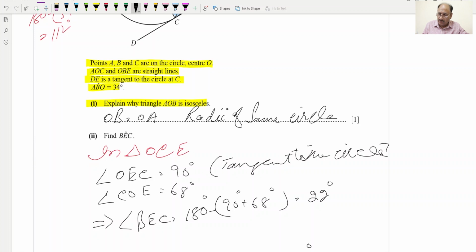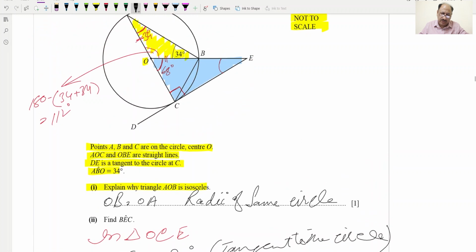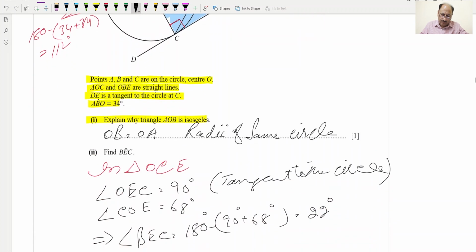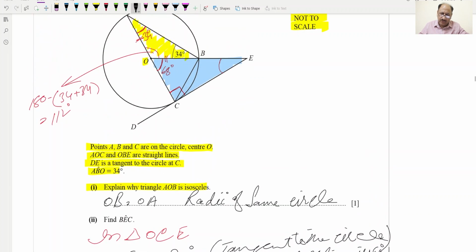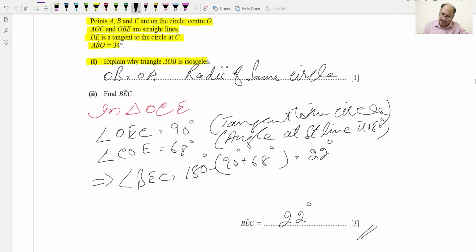So this one we can provide as the reason, and for the 68 you can write angles on a straight line add up to 180 degrees. So angle at a straight line is 180 degrees. This reason you can provide. And for the third one, angles in a triangle add up to 180 degrees.